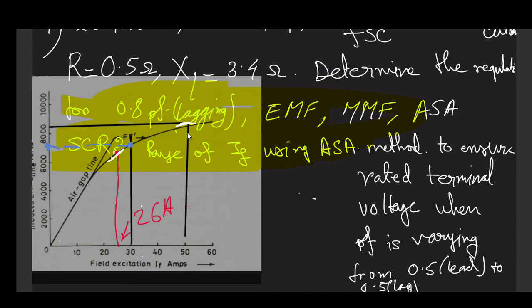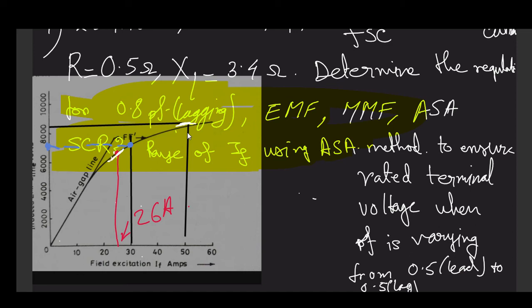If you allow the machine to operate under the same operating condition, the machine will offer you a regulation that is poorer than what you have calculated using your MMF method. So that is why one is optimistic, another one is pessimistic.